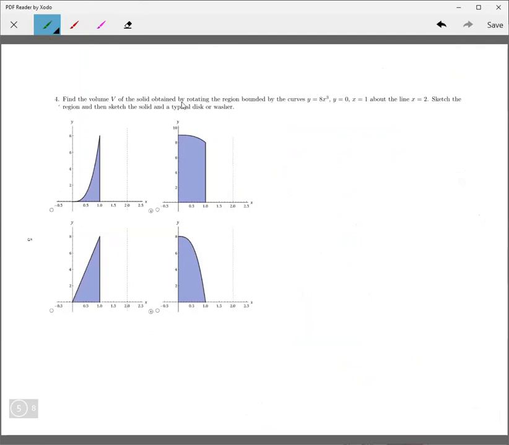Okay, find the volume V of the solid obtained by rotating the region bounded by these curves, y equals 8x cubed, y equals 0, and x equals 1, about the line x equals 2. Okay, so here they have the line x equals 2 here, here, here, and here. Y equals 8x cubed, that looks like this right here, that curve right here. None of the other ones look like that, so this must be it.